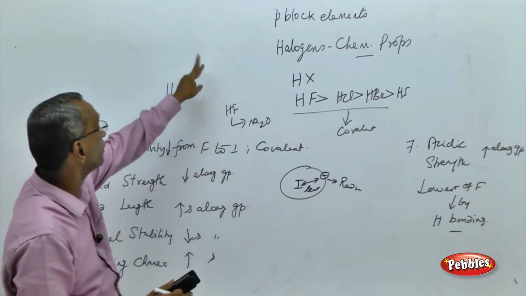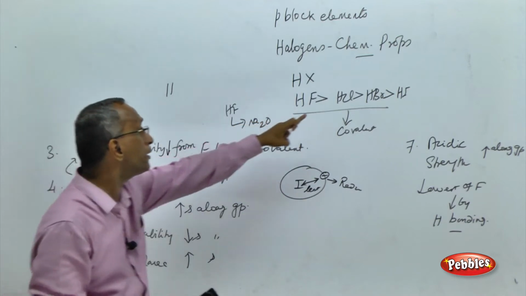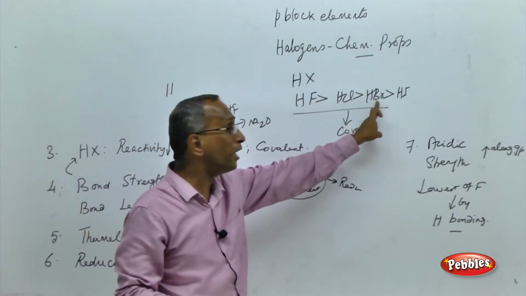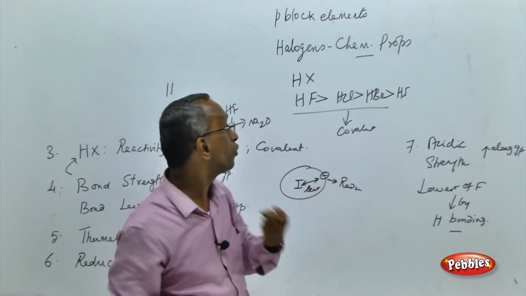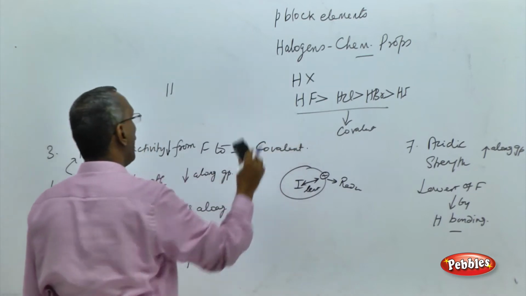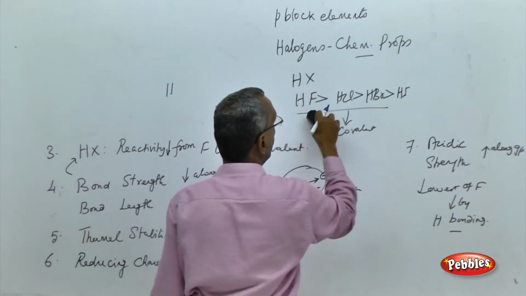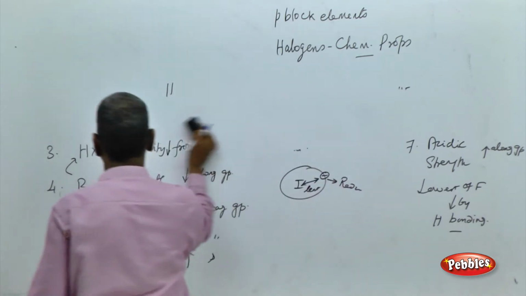Both react with HF and form sodium fluorosilicate. But HCl can be stored in glass, HBr can be stored in glass, HI can be stored in glass. So HF is most reactive. All are covalent bonds. Reactivity decreases from fluorine to iodine in the case of HX.